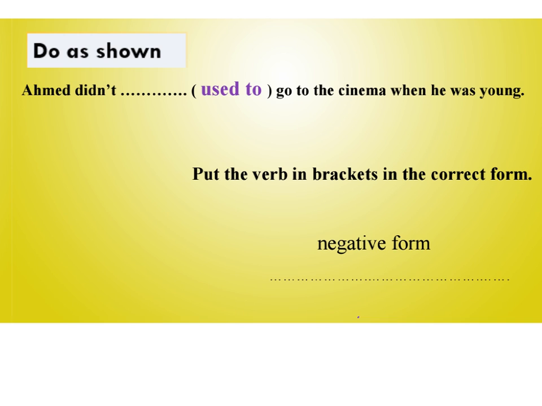Okay, we use subject plus didn't plus used to plus the base form of the verb. Okay, take care that in the negative form what happened to the letter D? Excellent, we will drop it. So the correct answer is used to without adding the letter D.